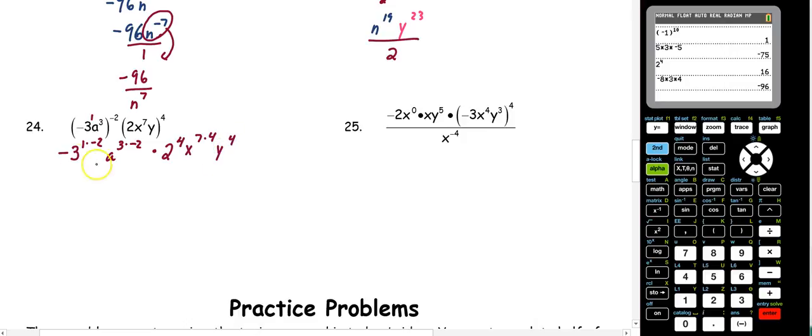So let's first simplify this. So we get -3. Let's put -3 in parentheses. So -3 squared, a to the -6 times 2 to the 4th, x to the 28th, y to the 4th.